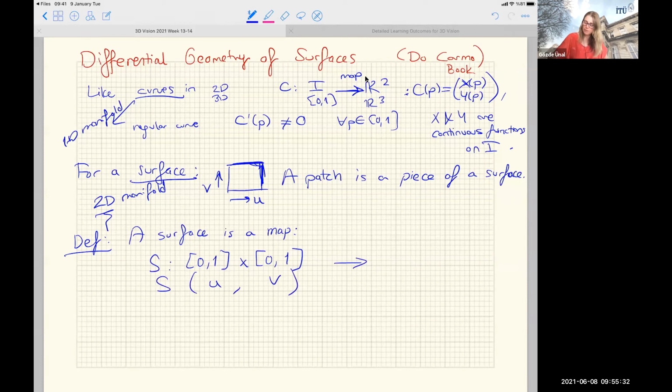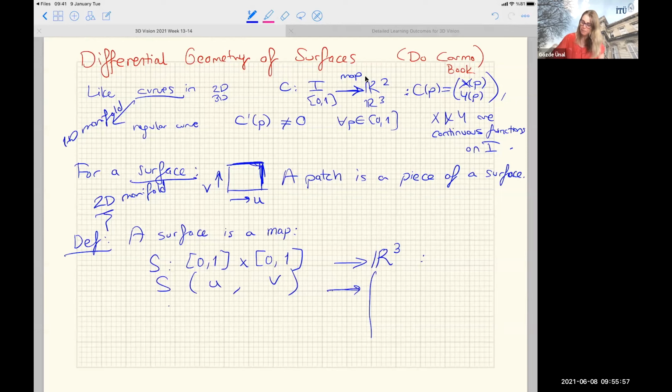This is now from R2, in a way. So a curve is a map from this interval, and now it's actually a map from a patch to R3. Okay, this defines my parameterization, the S(U,V) mapping.